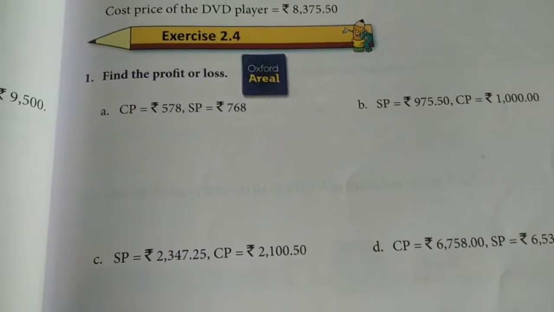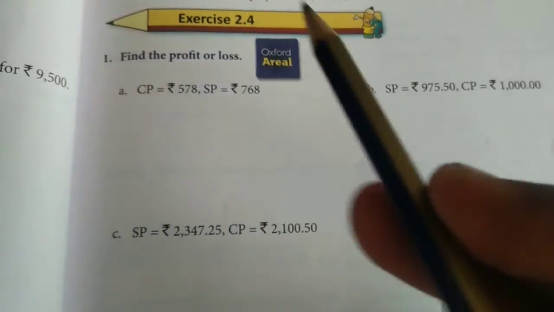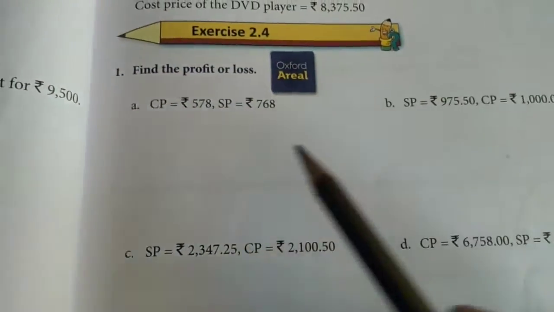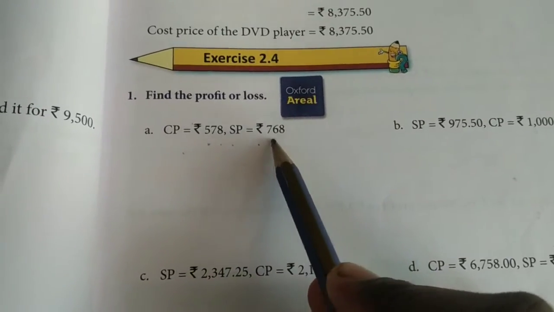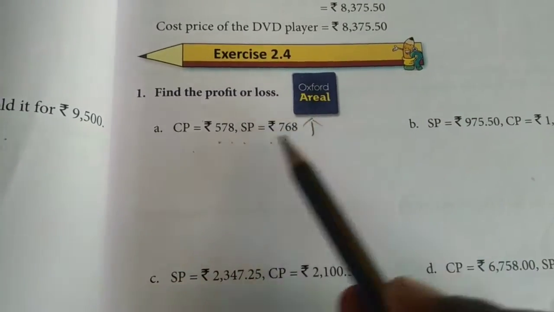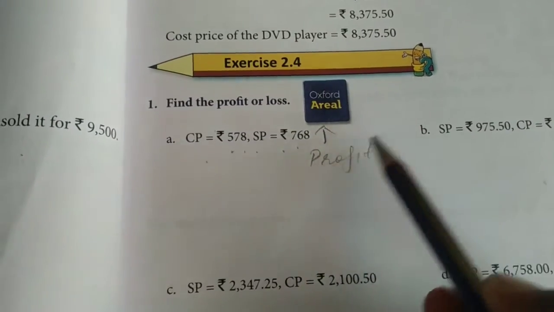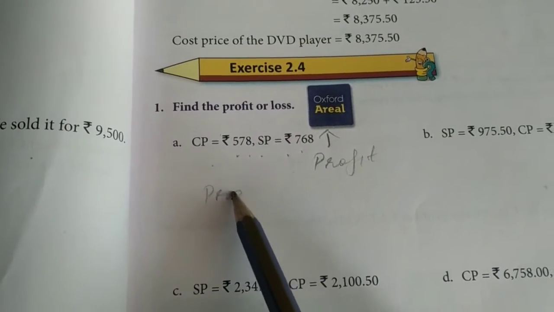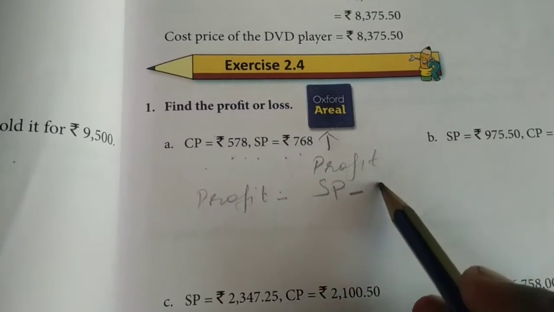Okay, dear children, come to this example. Find the profit or loss. Here CP is 578, SP is 768. So SP is more, so there is a profit. What's the formula for profit? Profit is equal to SP minus CP.